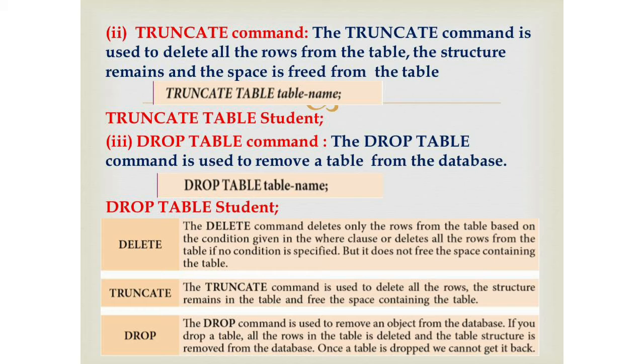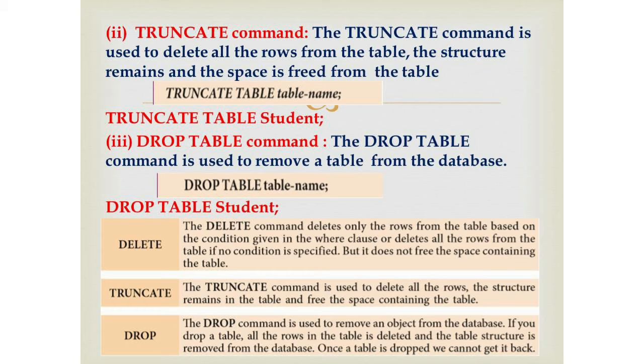But there is a condition for dropping a table, that is, it must be an empty table. All the records, all the rows must be deleted beforehand. Remove all the rows of the table using the delete command.